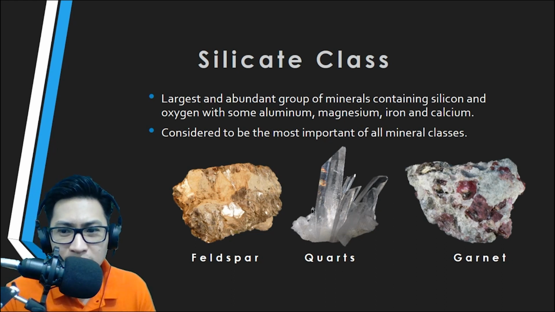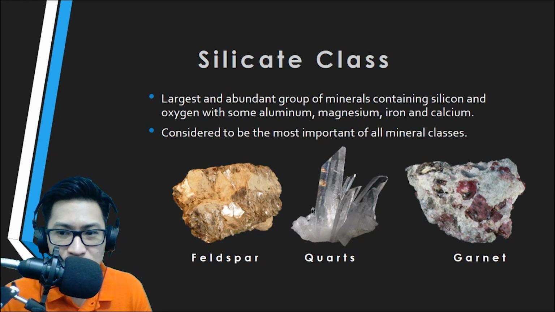Now, the fundamental unit of silicate consists of 4 oxygen ions surrounding the silicon ion, also known as the silicon-oxygen tetrahedron. Okay, katulad halimbawa ng feldspar, ng quartz, and ng garnet. Okay, so always remember that kapag merong siyang SiO4 sa kanyang composition, it means it belongs to the silicate class.